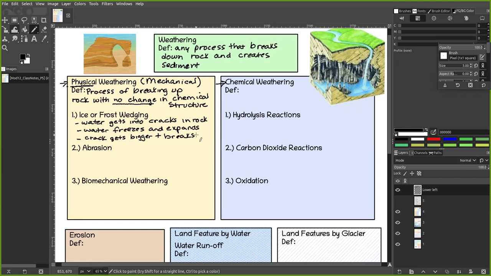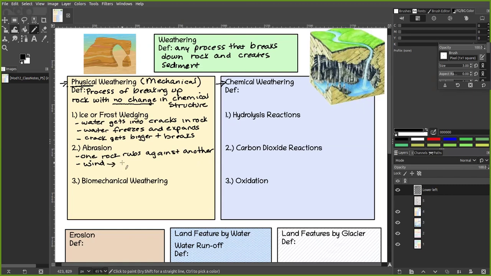Another process that breaks down rocks physically is abrasion. And this is where one rock is rubbing against another. Now, wind does this. Wind picks up sand and blows it against another rock, and that will wear it down.